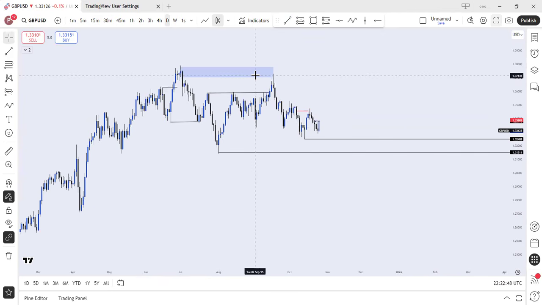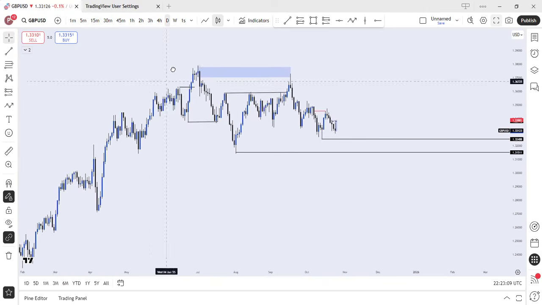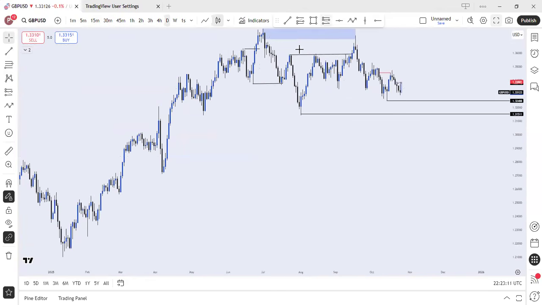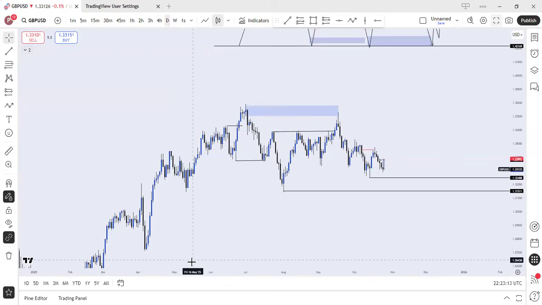That is my supply zone, right? That is my supply zone. And once price got there, I just scaled down to my 30 minutes time frame and then took a sell. That is why those following me on X have been seeing me selling or shorting on GBP USD for some weeks now. So this is an example for the supply and demand.